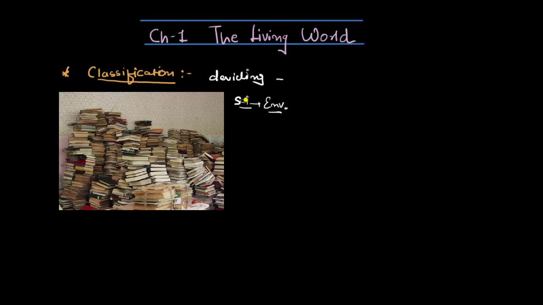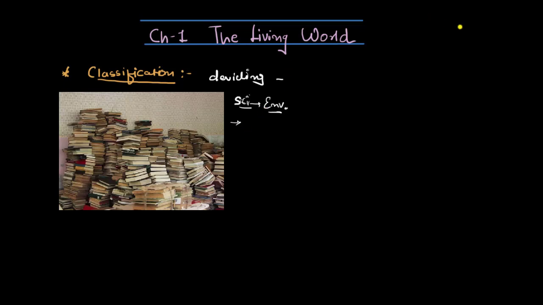How much time will it take you to find that book from this pile of books? Every book is here, but they are mixed: there are commerce books, science-related books, lower standard books, higher standard books. So it is going to take you time and too much hard work.